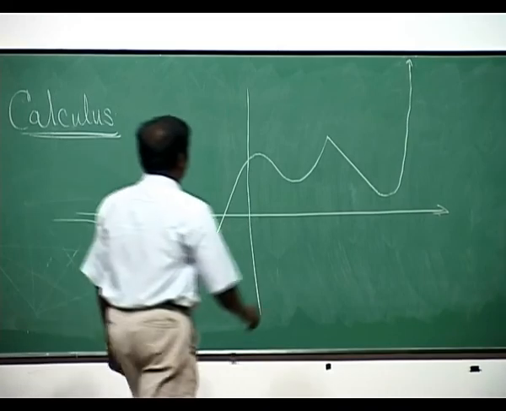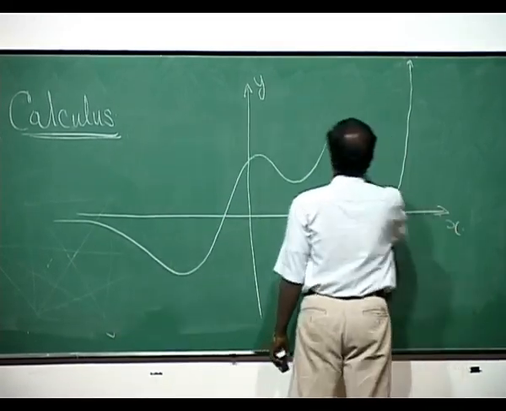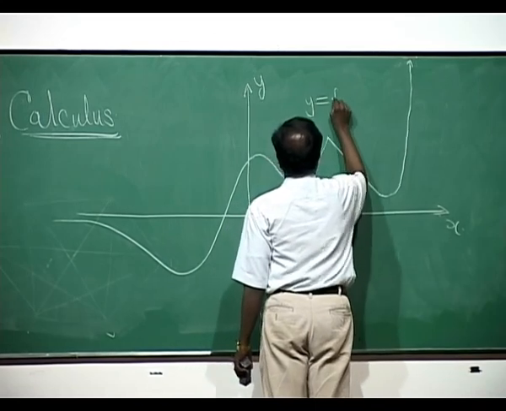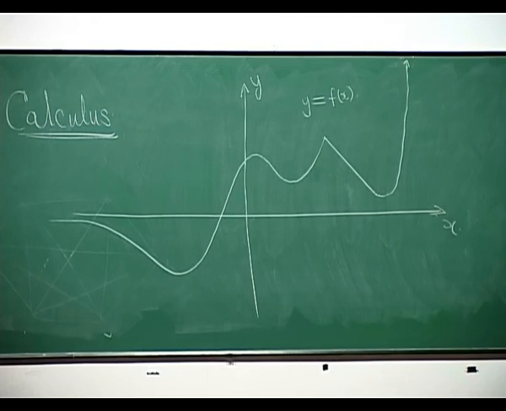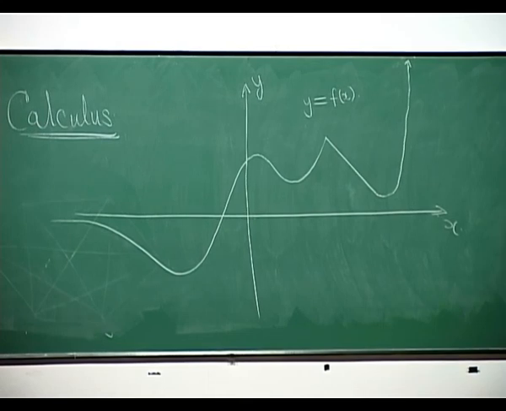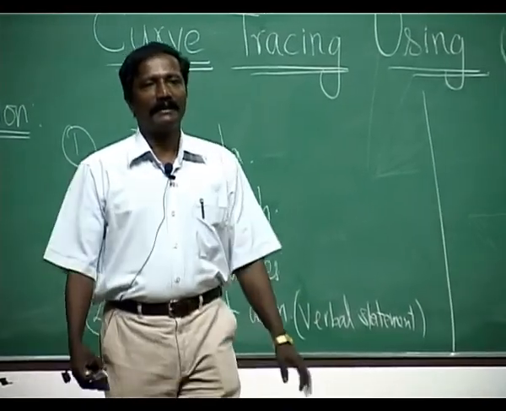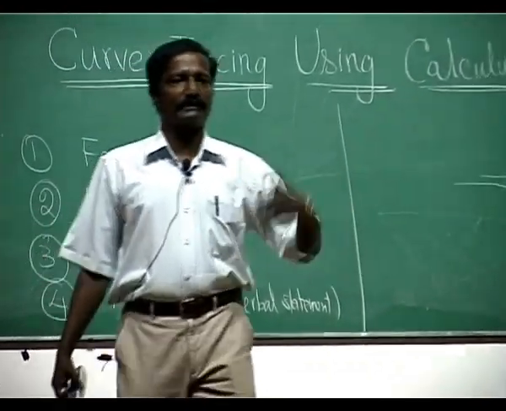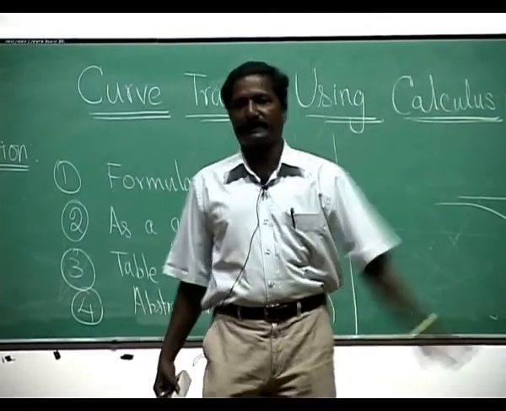So maybe this is our y-axis, x-axis, this is our function y equal to f of x. As I always say, one picture is worth more than 1,000 words. Whatever may be the ways it is given, whether it is formula, table or this, if it is given in this form, we understand at least the behavior of the function, what is happening, how tall somebody is, how low somebody is, what's happening at each point.